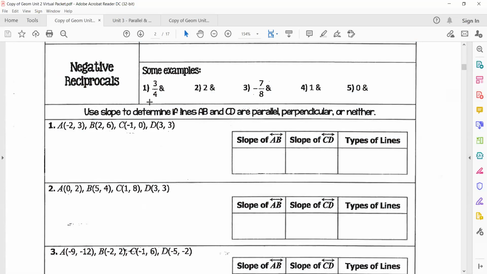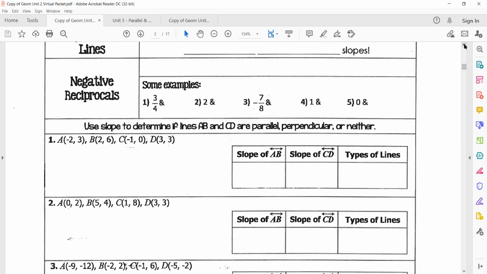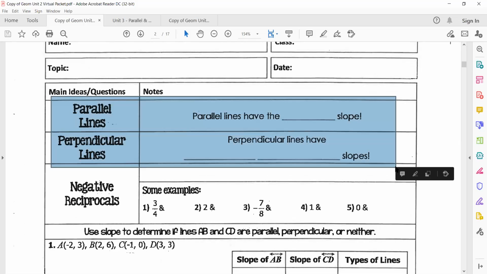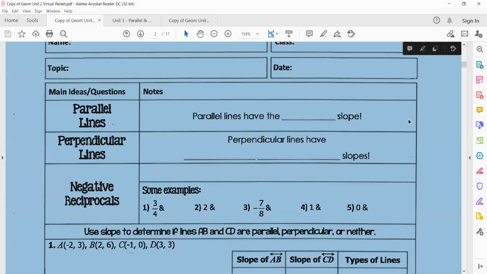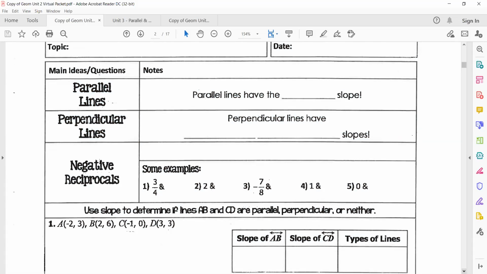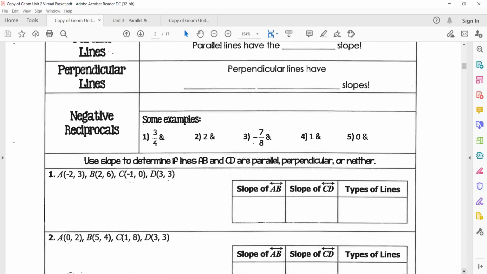Neither just means that they have some other combination of numbers that doesn't match either of the rules. Because these definitions here are in fact rules that we can apply as long as we have graphs with XY coordinates, ordered pairs that generate lines for us. Those rules, you ought to put a star by them in your notes. You're going to come back to them again and again. And that's not just this lesson, it's future lessons as well.